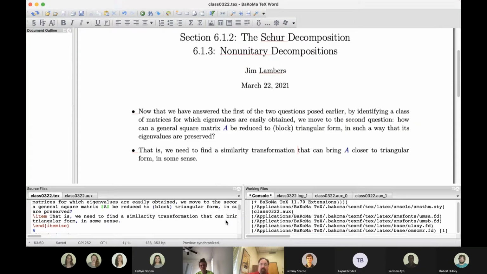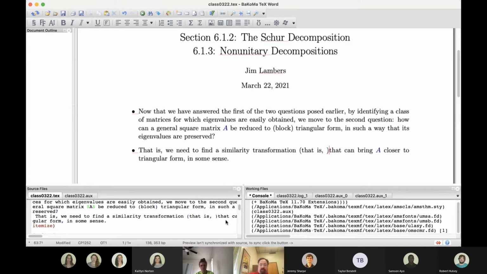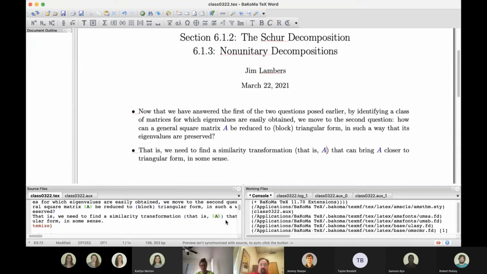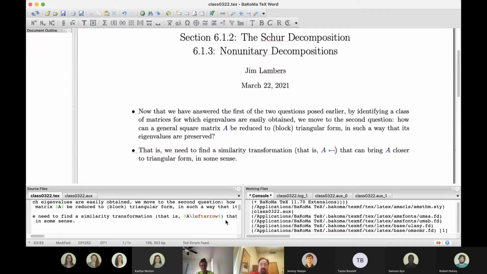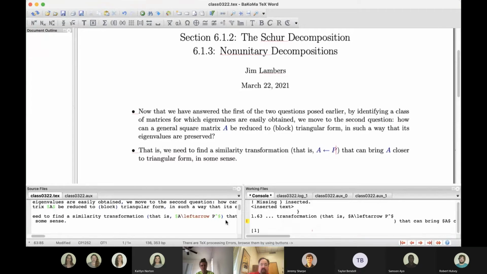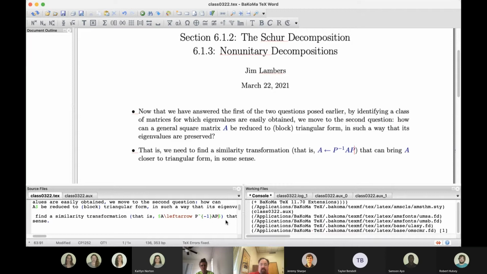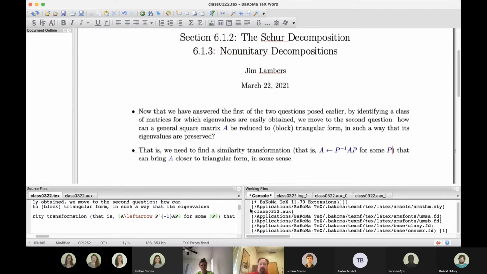Now, we do have a tool in our arsenal for the eigenvalue problem, which is that we can use a similarity transformation. Just to refresh your memory, A is replaced by P inverse AP for some matrix P. So it's overwritten with that, because any transformation of this form gives you a matrix that's similar to A, meaning that it has the same eigenvalues.